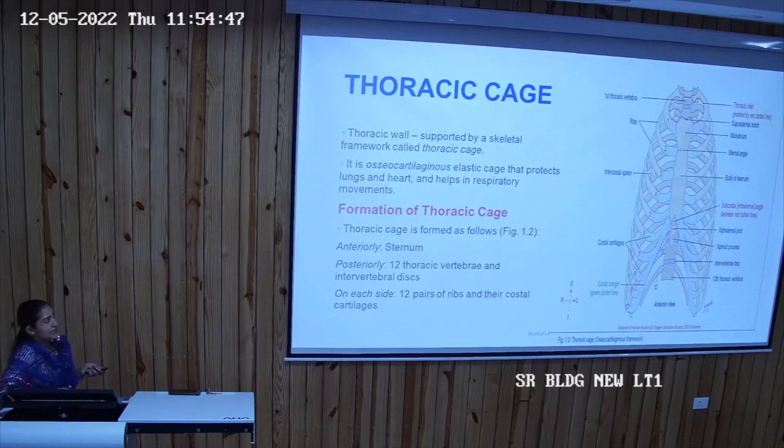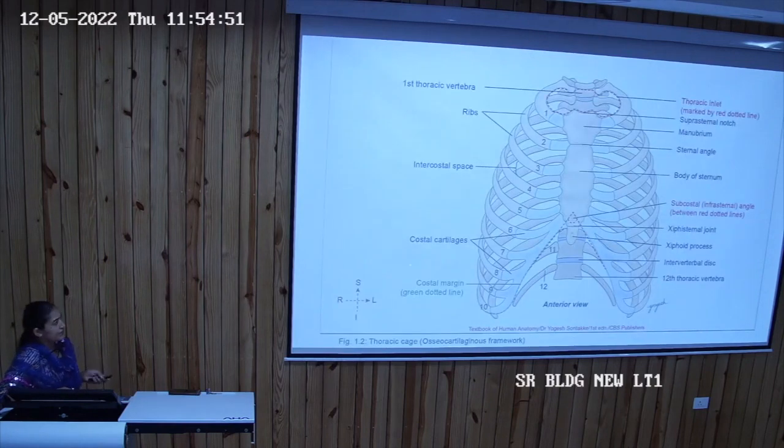Now how is the thoracic cage formed? If you can see in this picture, anteriorly you can see the sternum. This is the manubrium of the sternum, this is the body of the sternum, and this is the xiphoid process. Posteriorly, running along, you have the vertebral column. So this is the thoracic cage which is bounded anteriorly by the sternum, posteriorly by the thoracic vertebrae.